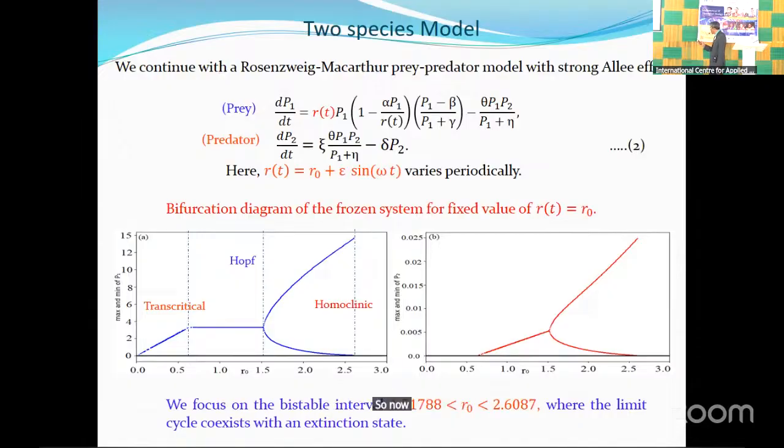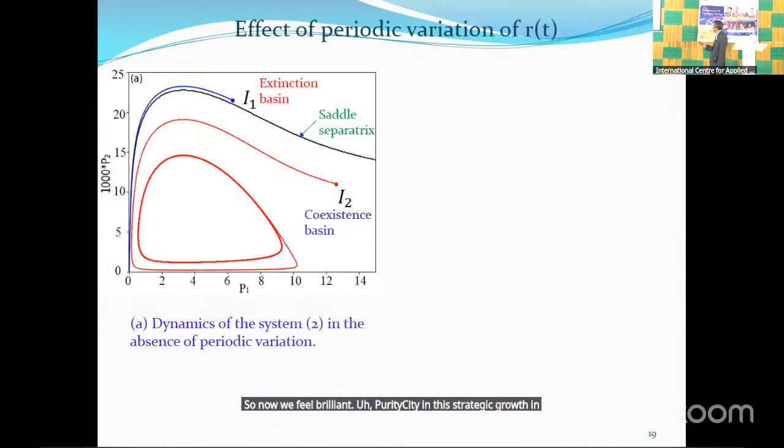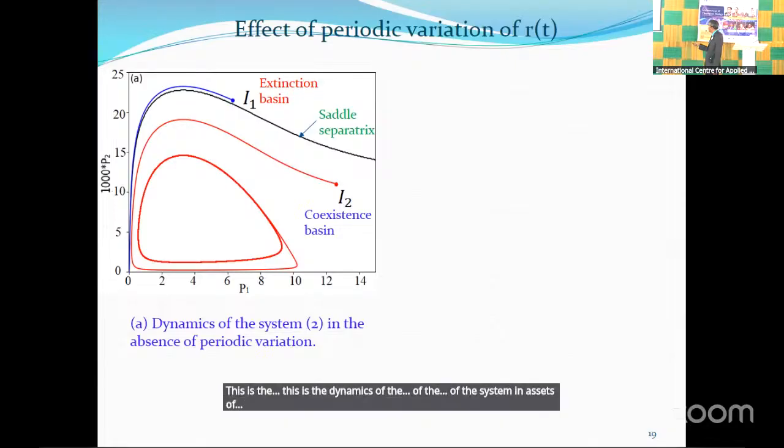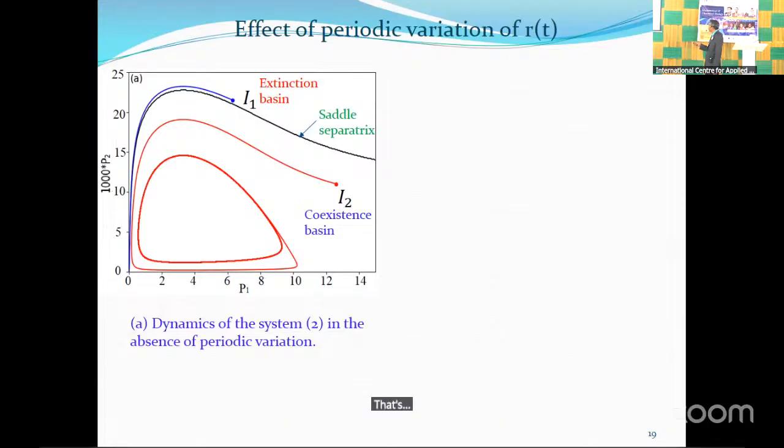So now if we introduce the periodicity in this intrinsic growth rate r, then observe the solution starting from this extinction basin. This is the dynamics of the system in the absence of periodic variation, that is, the dynamics of the closed system.